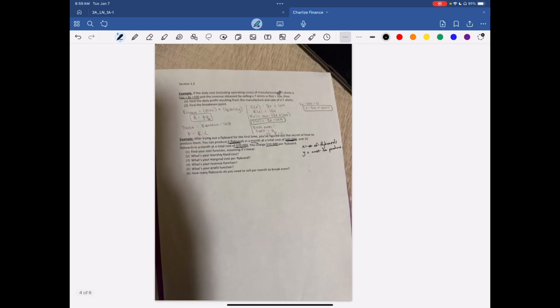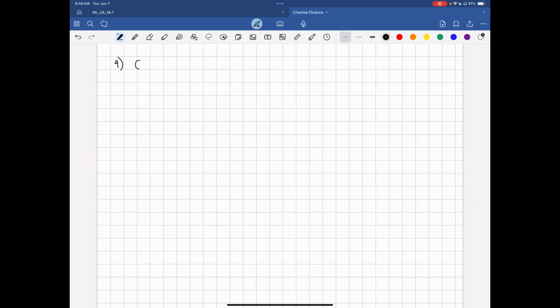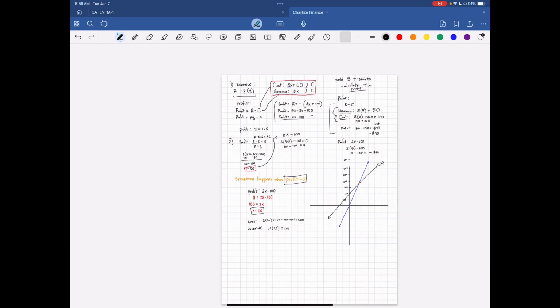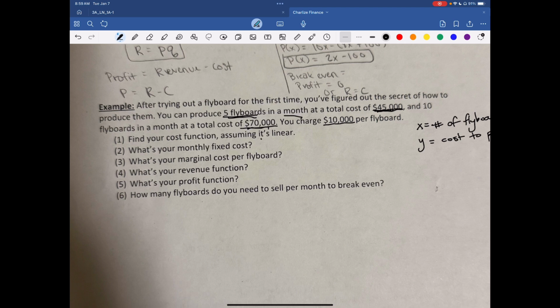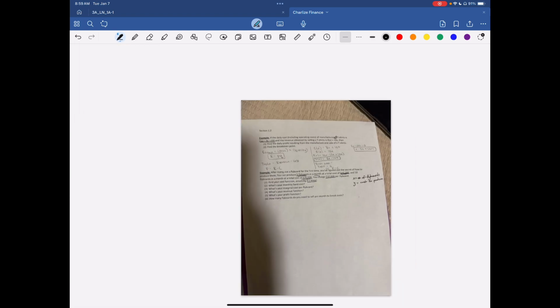The first question is asking to find your cost function. So again, I'm going to do C of X equals mx plus b, because they told me to assume it's linear. If it's not linear, then you can't use mx plus b. So find the cost function.